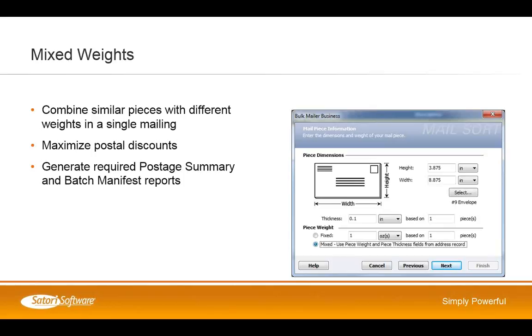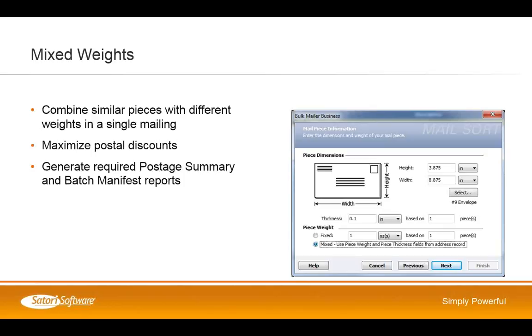Yeah. When you've got different combinations and thicknesses, you'll see your maximum tray size just isn't a fixed count. It all depends on what all the different combinations of different pages ends up resulting in. Yes. So bills and statements are really the sweet spot for mixed weights here, and it's really easy.